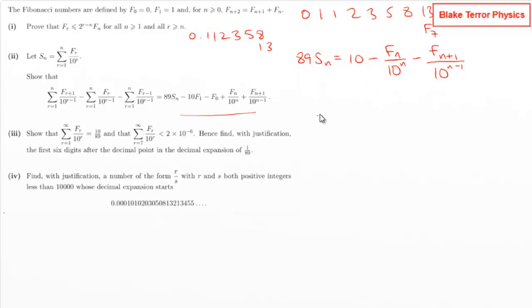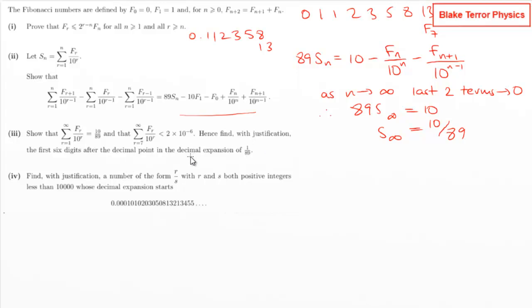Well, these second two terms are going to disappear because we've got 10 to the infinity on the bottom. So as n tends to infinity, the last two terms go to 0. Therefore, 89 S infinity is equal to 10, which means S infinity is 10 over 89, which is what we want. So that bit was fine.